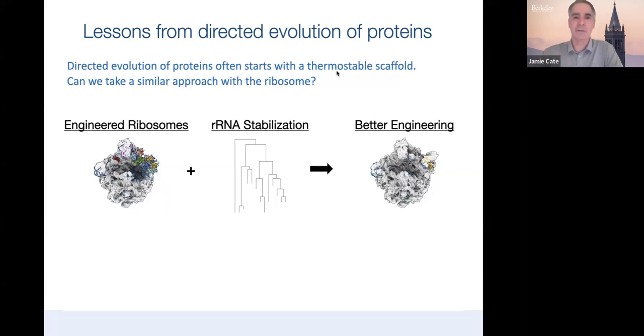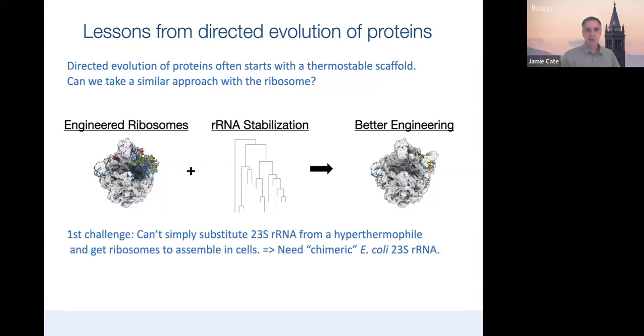And so that's why people often start with a thermostable scaffold, or protein. We wanted to know if we could take a similar approach with the ribosome. So we want to make an engineered ribosome. Maybe if we stabilize it first, we can do a better job of engineering.